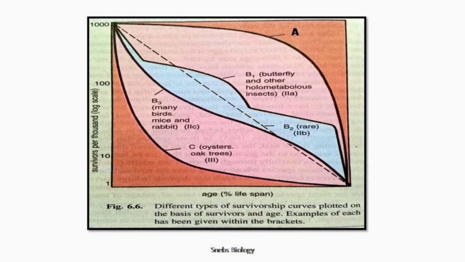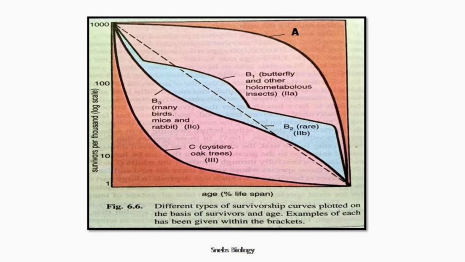Survivorship curve B2 is the characteristic of species in which mortality rate is constant at all age levels, a more or less uniform percentage decrease in the number that survives. But no population in the real world has a constant age-specific survival rate throughout the whole lifespan.